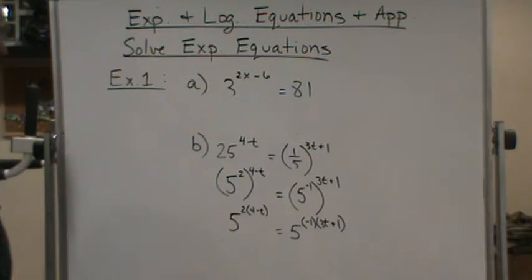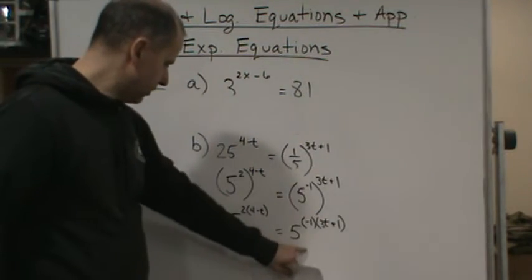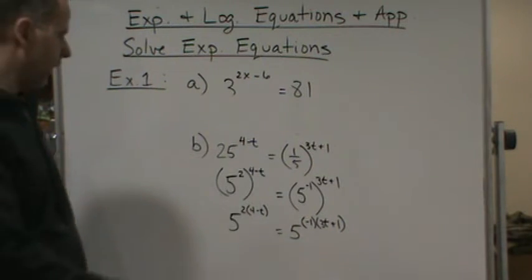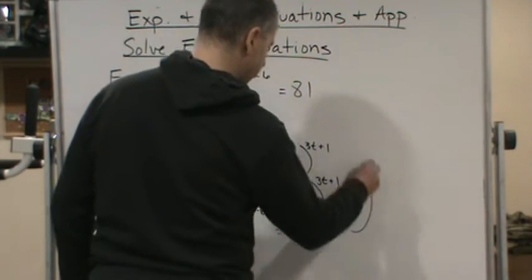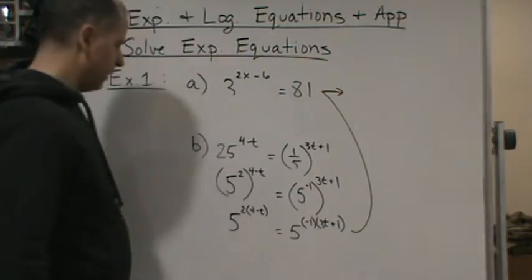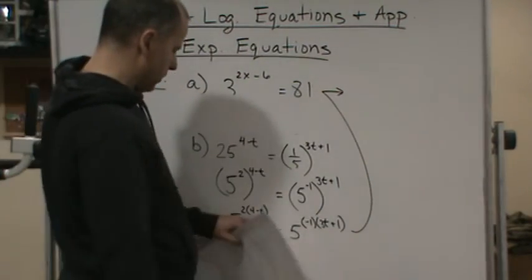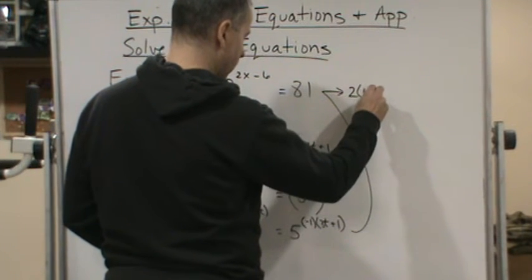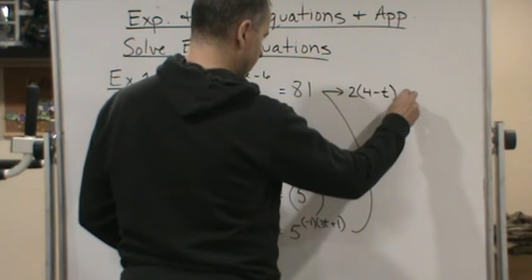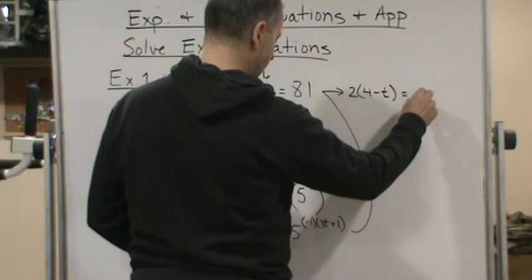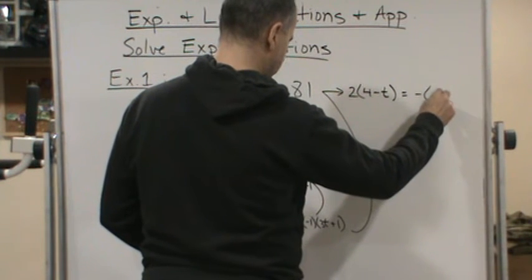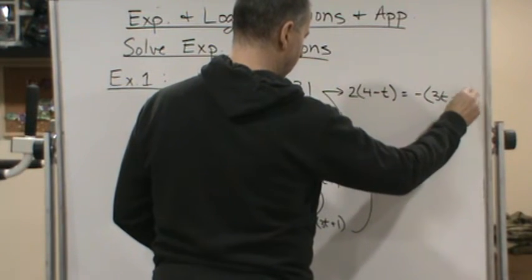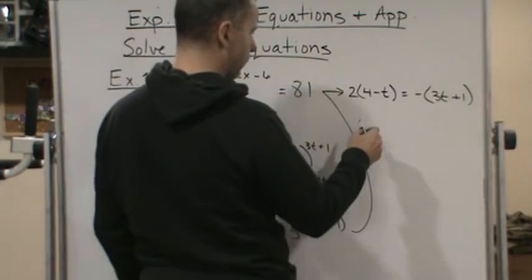All right, so now we've got the same base. We've got 2 exponentials with the same base equal to each other. So that means that it implies that the exponents must be equal. So now we get 2 times 4 minus t is equal to negative quantity 3t plus 1. Okay, and now we can solve for t.